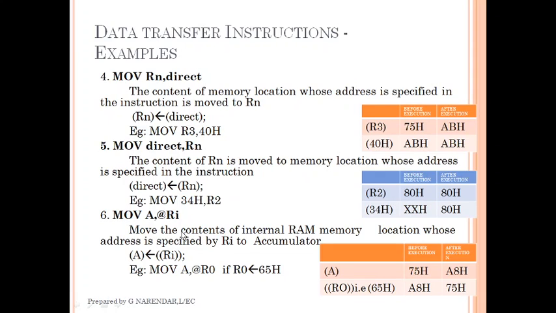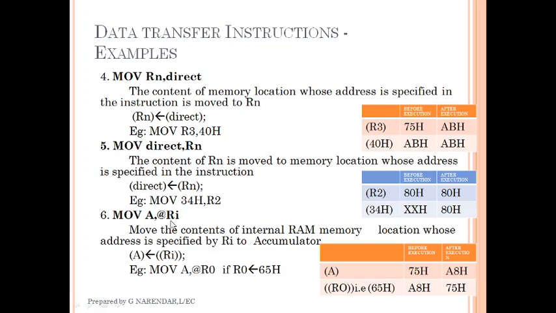And next we have one more instruction. This is MOV A, @Ri. What is the meaning of @ actually? Conceptually @ means 'at the address of'. Ri stands for either R0 or R1.